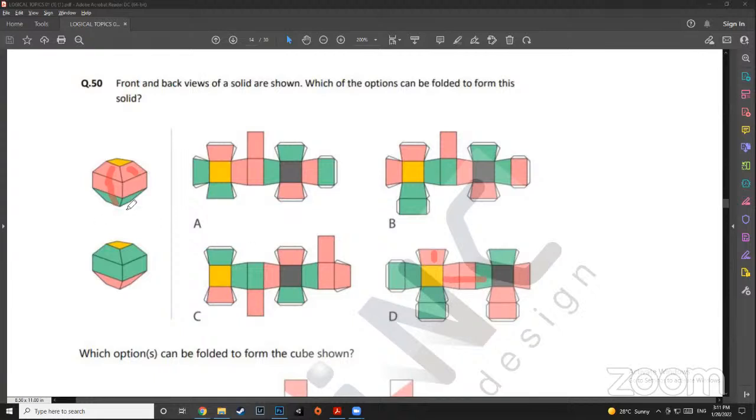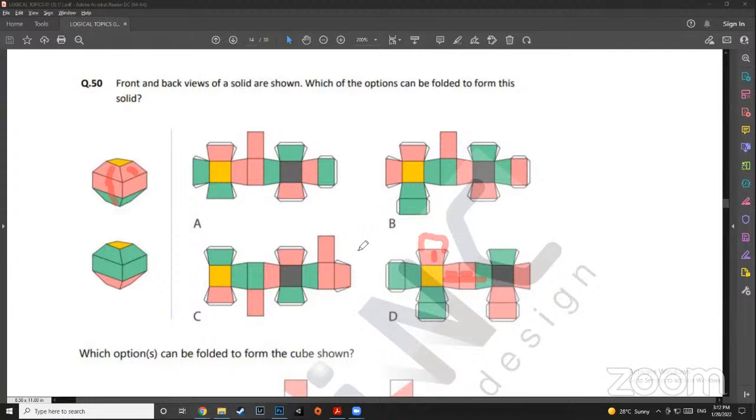If it is pink, pink, green, that means we should get pink here also, because this is pink, pink and next to it is pink, pink. So what is joining here? There should be a pink here, which is not there.